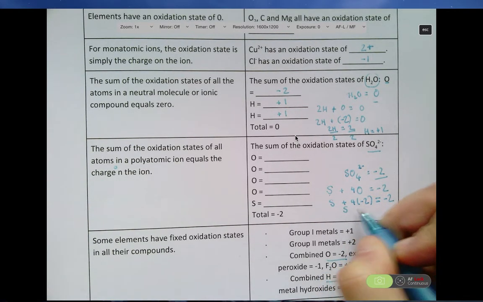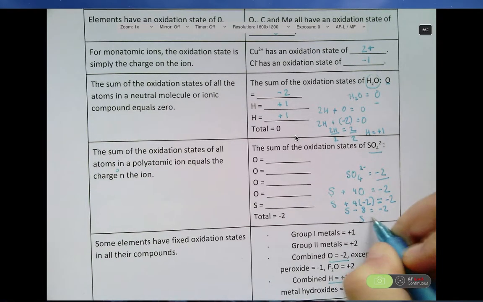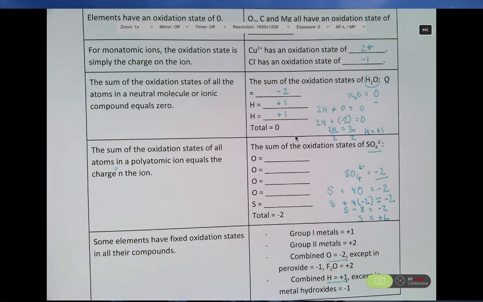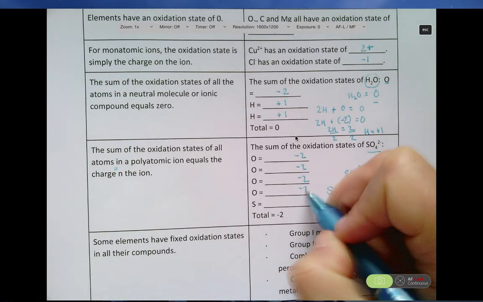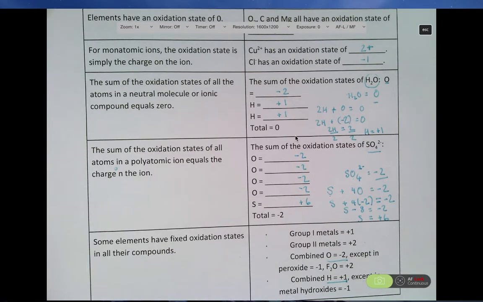So sulfur minus 8 is equal to -2. So therefore sulfur is equal to +6. So each oxygen is equal to -2 and the sulfur is equal to +6. So that's how we work out the oxidation states of particular compounds and elements within those compounds.